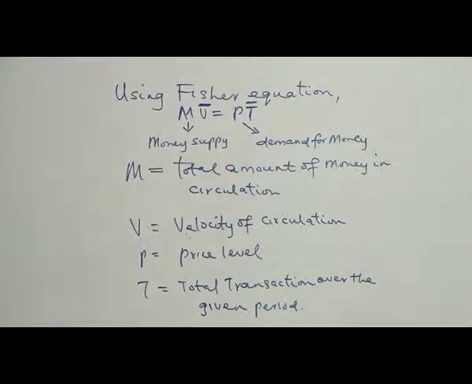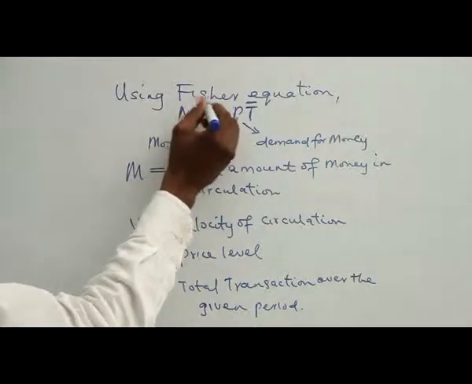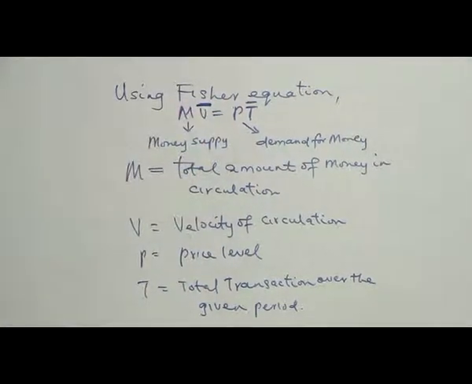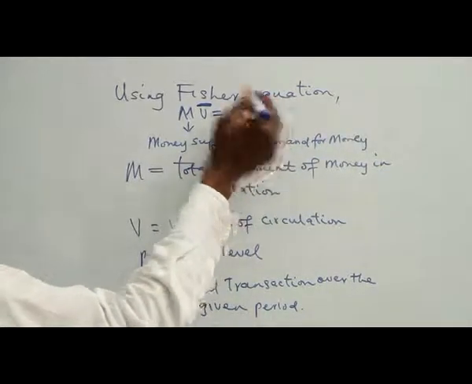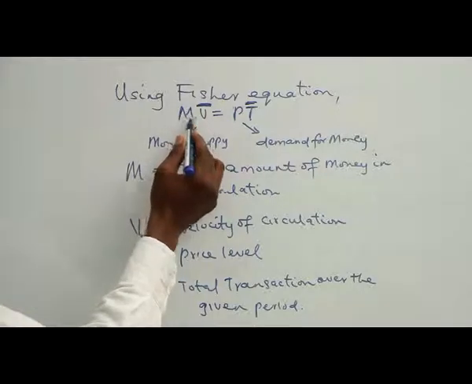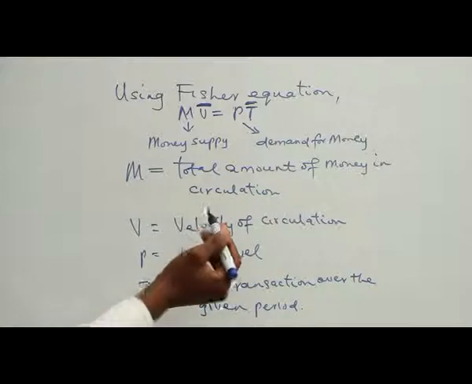We want to understand one or two things in this equation. That is, assuming we hold velocity of circulation constant, and we also hold total transactions over the given period constant, something is going to happen between M and P. M is what we call amount of money in circulation.